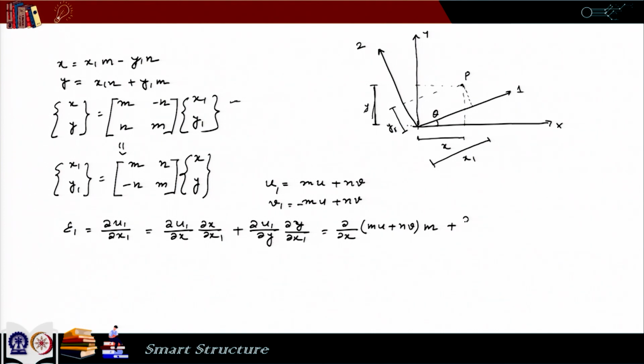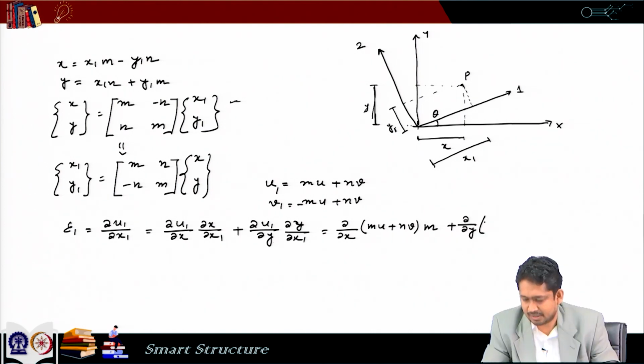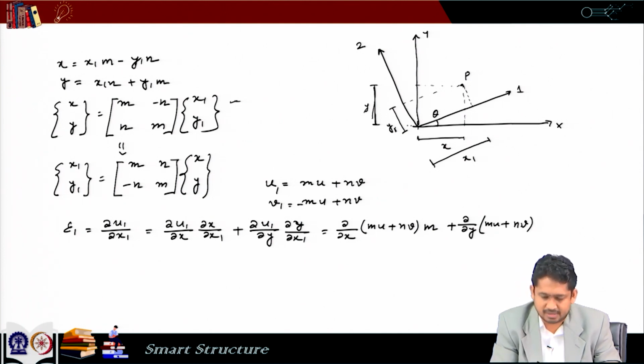plus again we have del by del y and u1 is equal to mu plus nv and then del y by del x1, which we have here, del y by del x1 is also n.